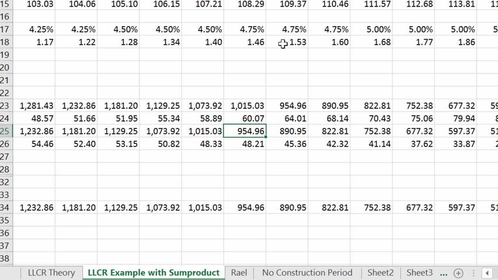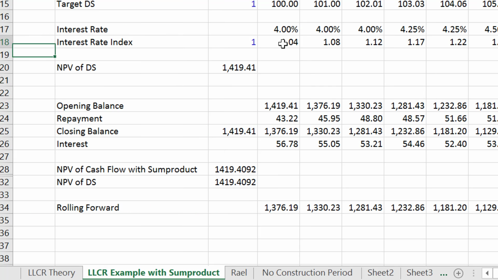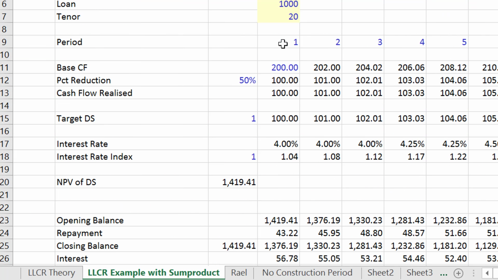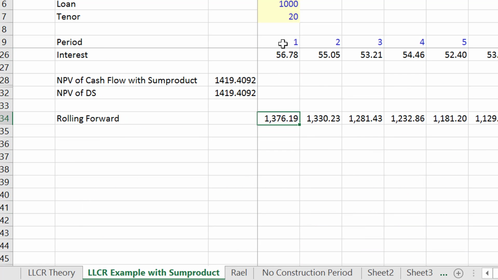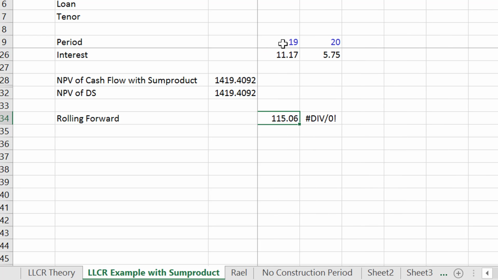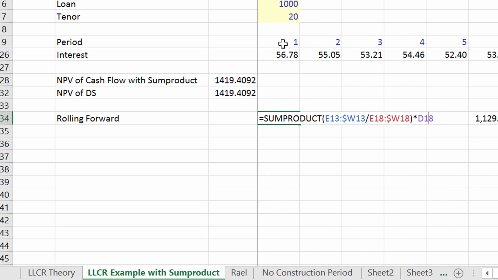Here's the debt. Sorry about not using a freeze pane here. Maybe I'll freeze it here. So it gives us the same answer until the very last number.